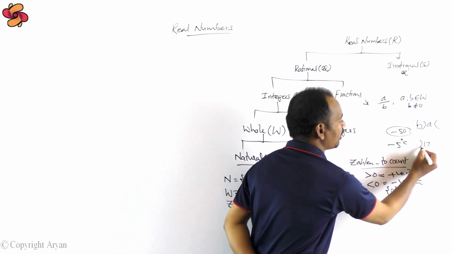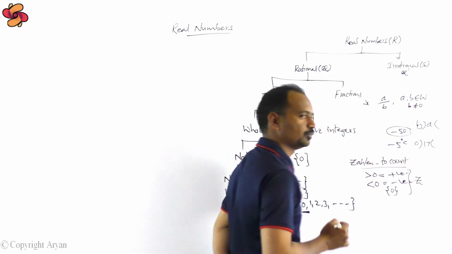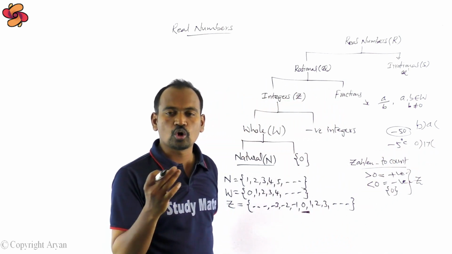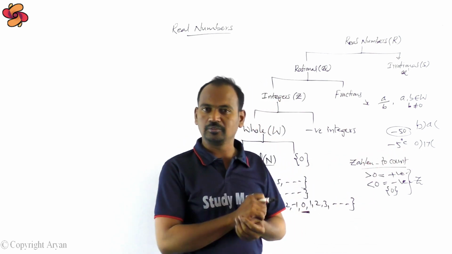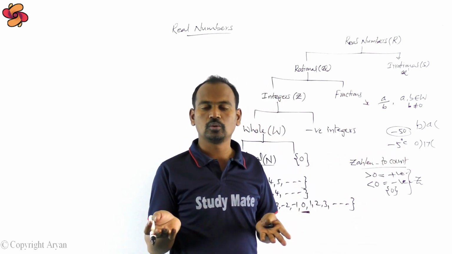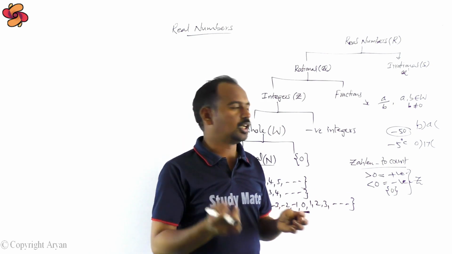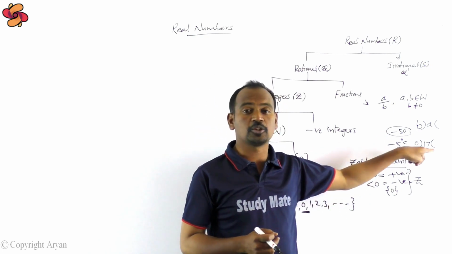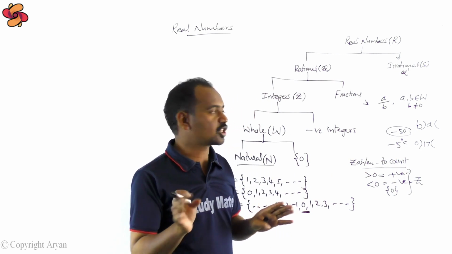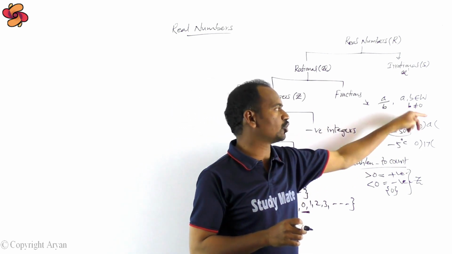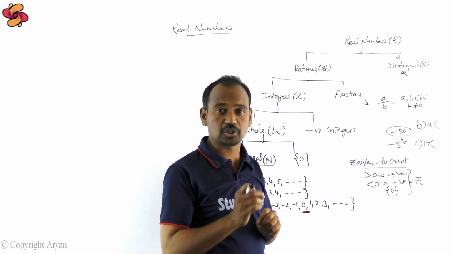You have to divide 17 with 0. And you know that with 0, is division possible? No. Directly you can say division with 0 is not possible. That's why B must not be 0 here.